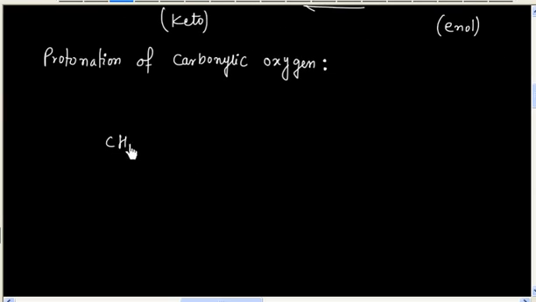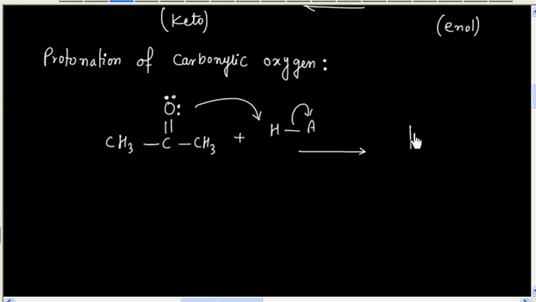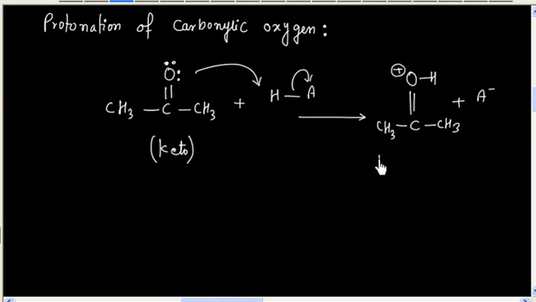So we have keto form and we have acid, HA is the acid, so this is the protonated form of keto. So this is keto group and this is protonated keto form.